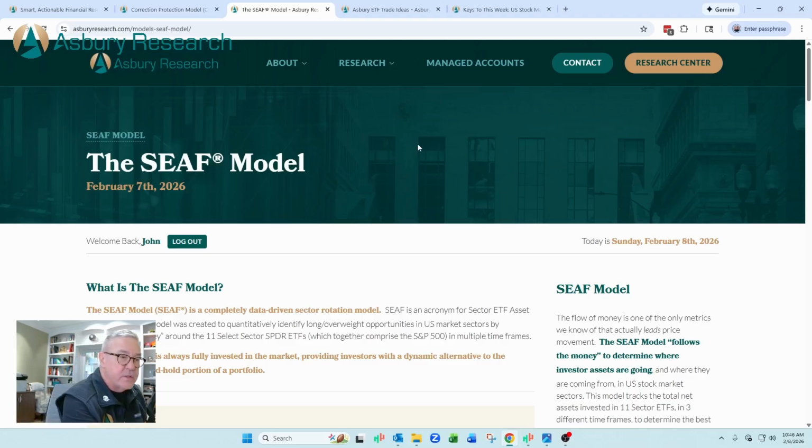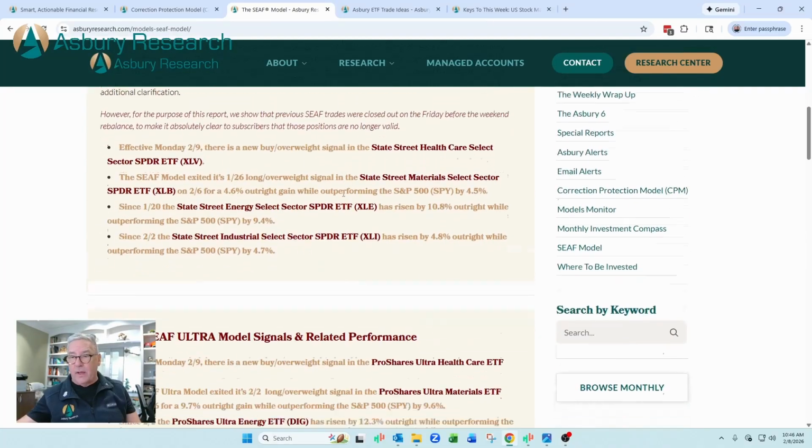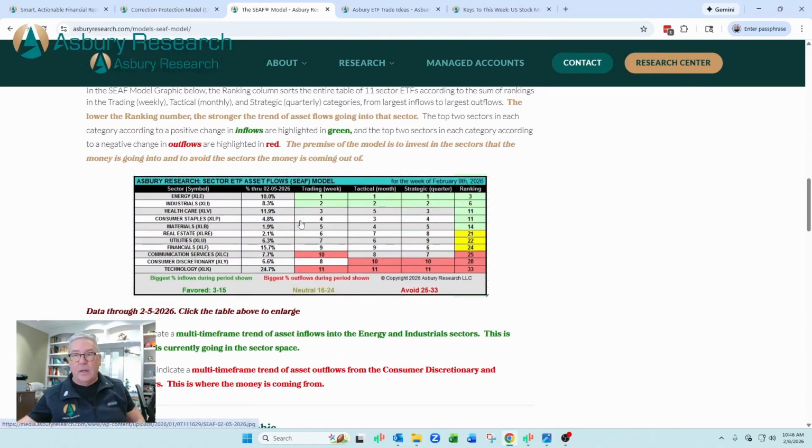CEF is an acronym for sector ETF asset flows. Our latest signals as of the end of last week are right here. We are in energy, we're in industrials, and we're in healthcare. How do you trade this?